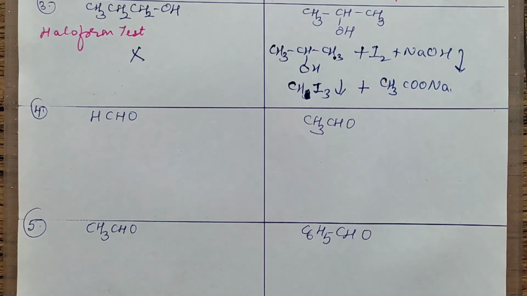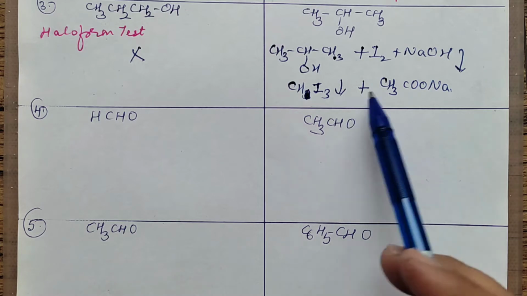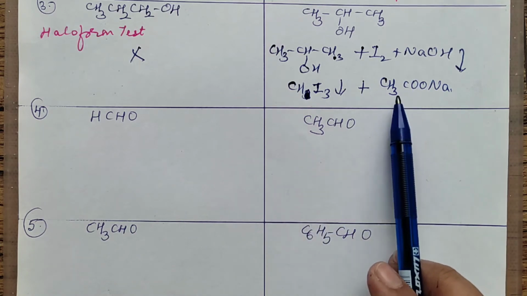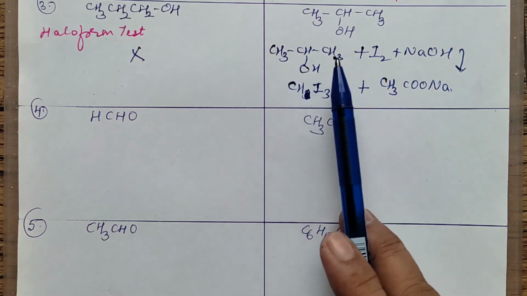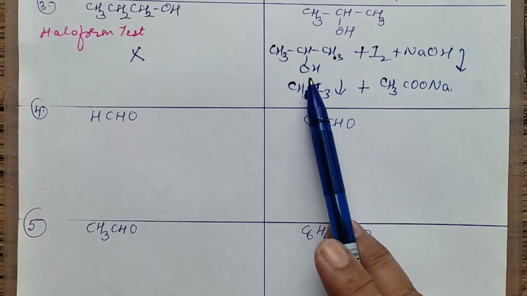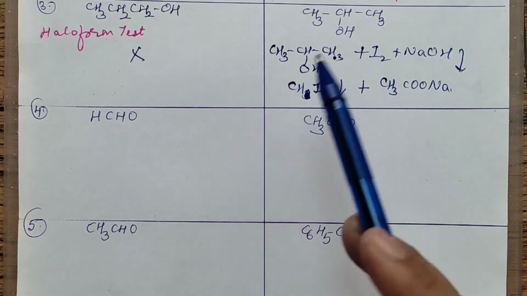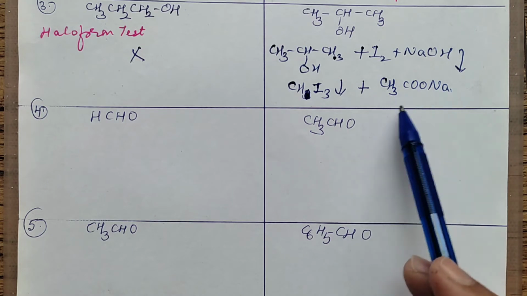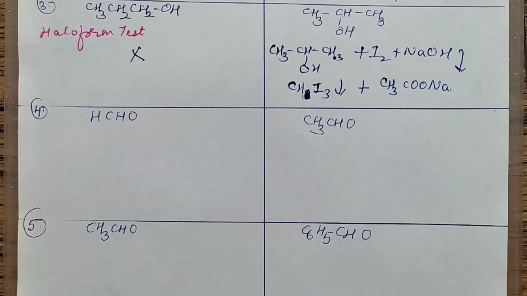That is a salt you will be getting. If you are using acetaldehyde or ethyl alcohol, you are getting formate salt. If you are using acetone or propane 2-ol, you will be getting sodium acetate as the other product.